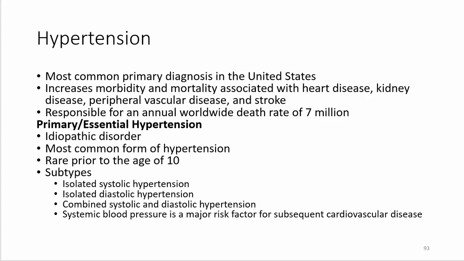And systemic blood pressure issues will lead to cardiovascular disease, which then exacerbates the hypertension or has an effect on it. A lot of the causes of problems surrounding primary hypertension are really allostatic.